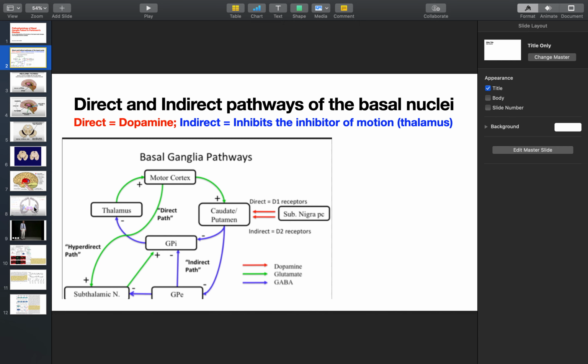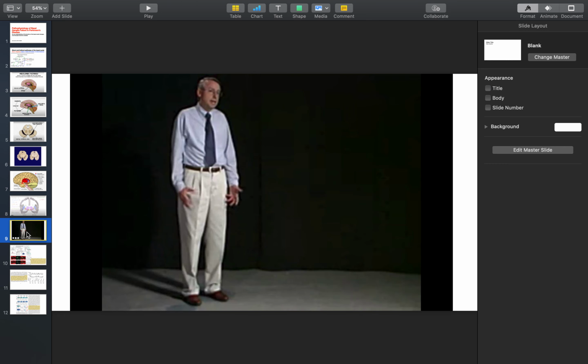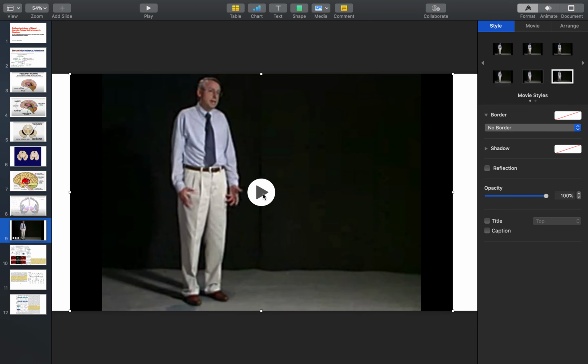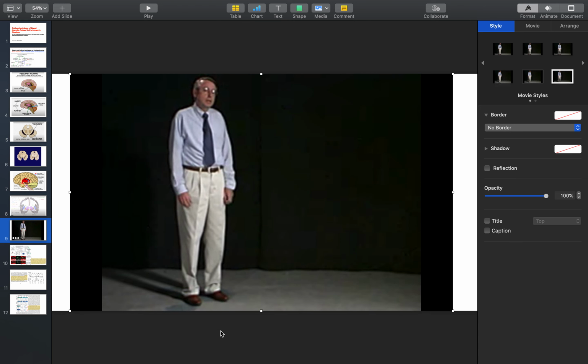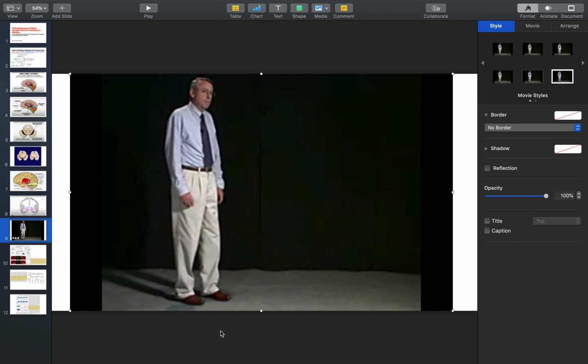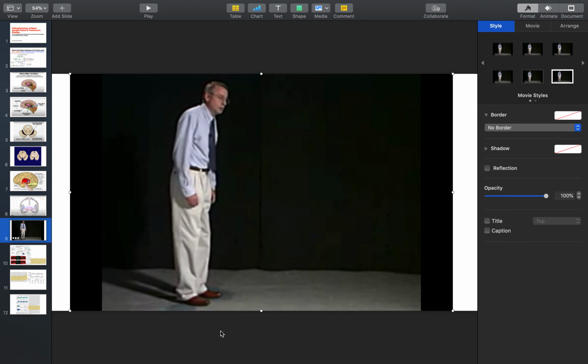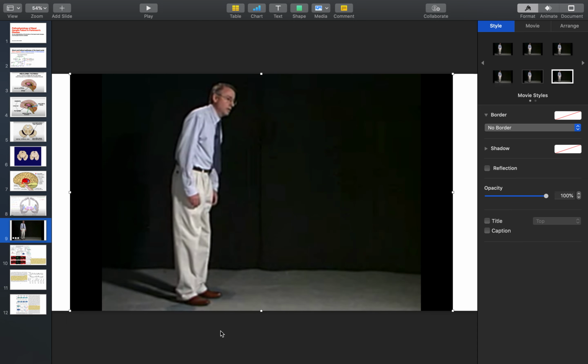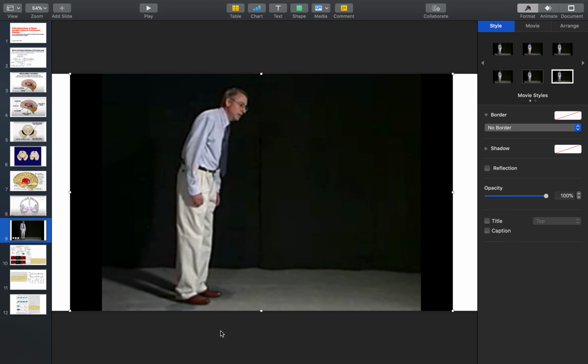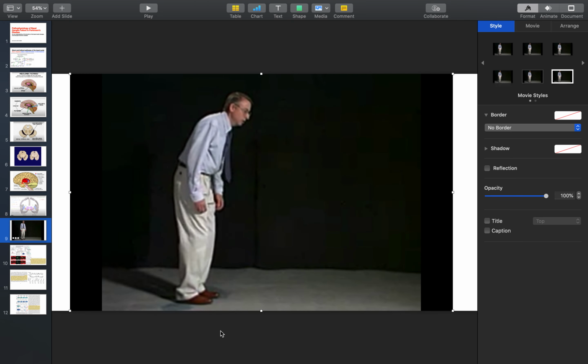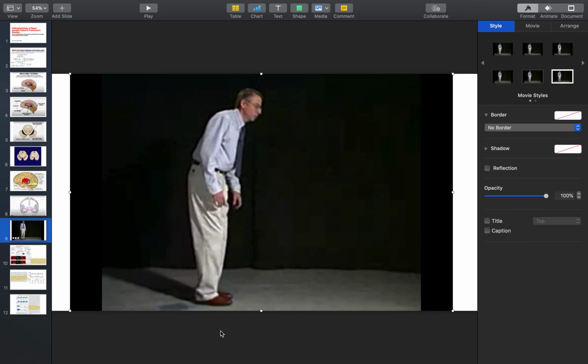It's involved in voluntary action, and here's a Parkinsonian gait. I won't make you watch the whole thing, but this guy does a very great job. So in Parkinson's disease, once you lose all your dopamine projecting neurons, your prefrontal cortex is saying, move your right foot, to walk, right?